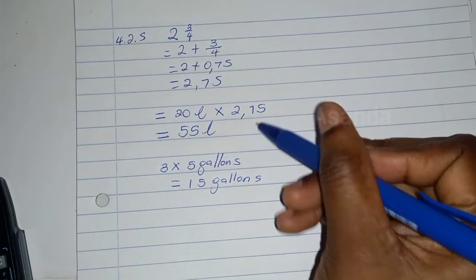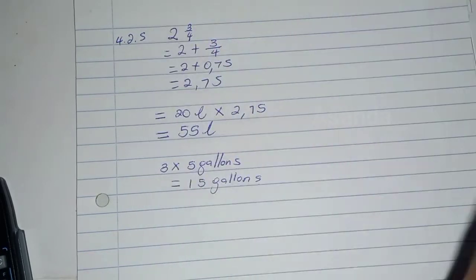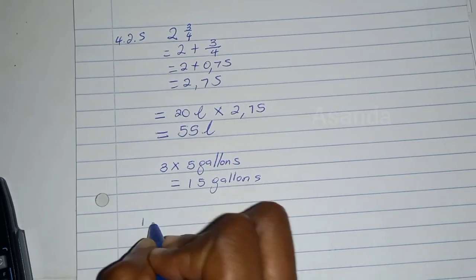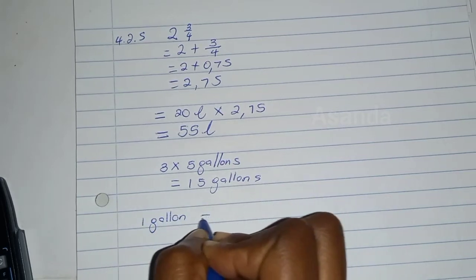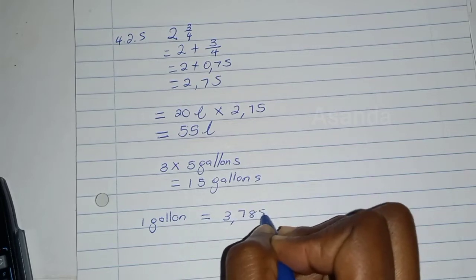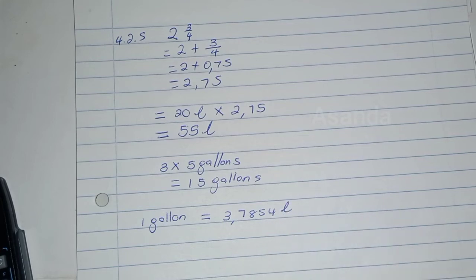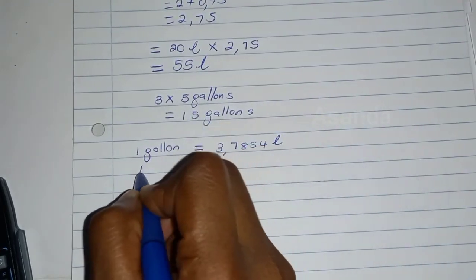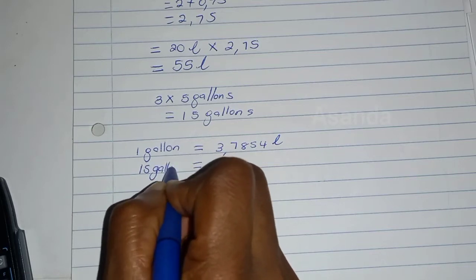You can convert the liters, but I don't understand gallons. So I'm just going to move away from that by changing that. The conversion center said 1 gallon is equal to 3.7854 liters, right?